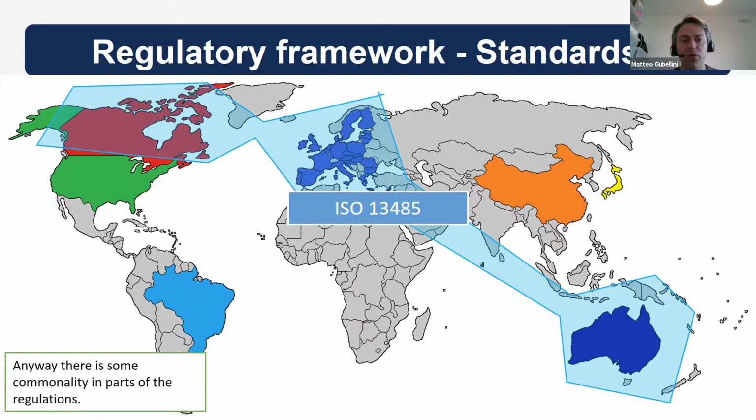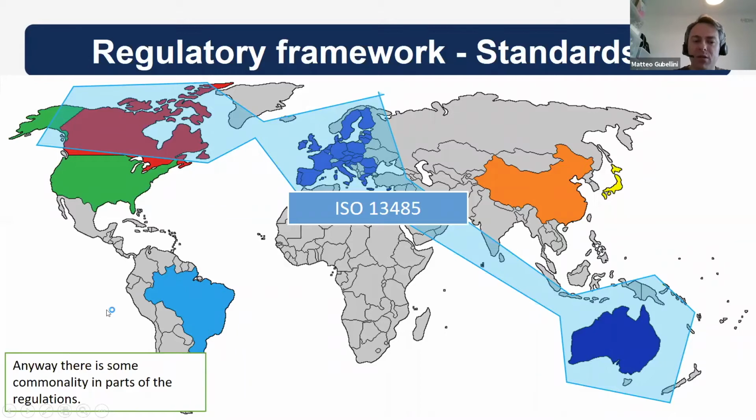The most famous one, of course, is ISO 13485. So ISO is an international organization that doesn't really report directly to any country. Of course, they are in talks with the different governments and agencies, but they are a totally independent organization. So ISO 13485 is mainly used and explicitly called out in these areas: Canada, Europe, and Australia.